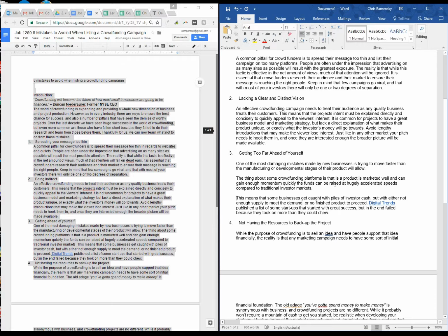Okay, so what they're trying to say is that the money can come in faster than the ideas can keep up with the opportunity and the ability to execute on the opportunity.